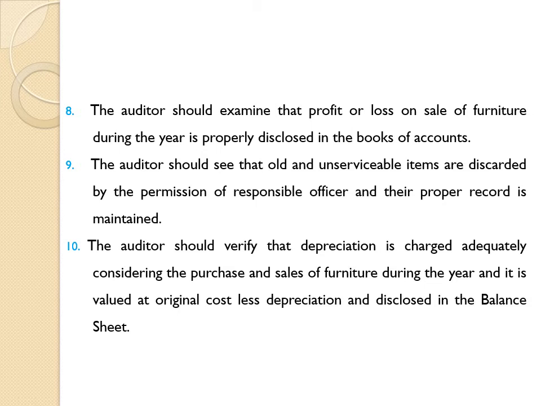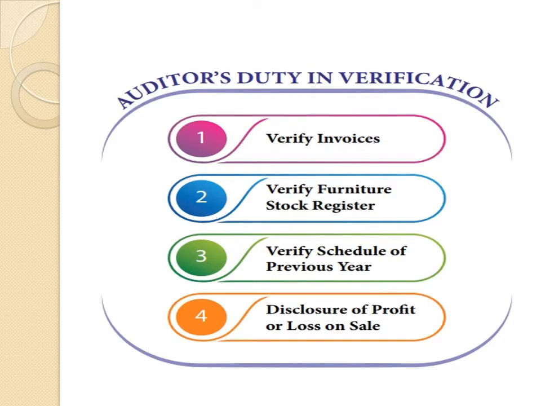The auditor should see that old and unserviceable items are discarded by the permission of the responsible officer and their proper record is maintained. The auditor should verify that depreciation is charged adequately considering the purchase and sales of furniture during the year, and that it is valued at original cost less depreciation and disclosed in the balance sheet.